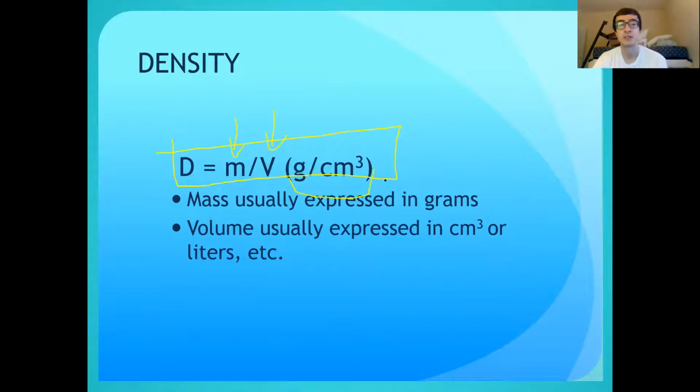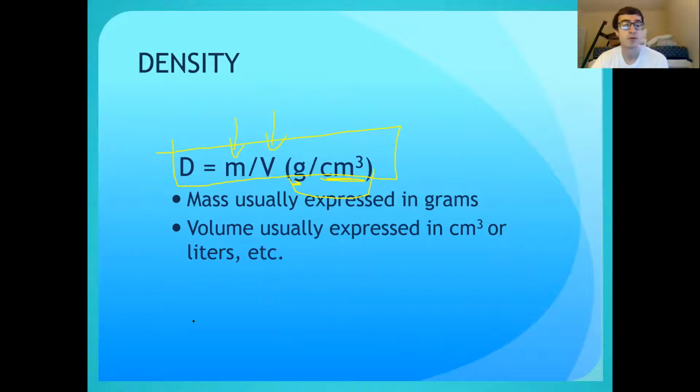The measurement for it could be in terms of grams per centimeter cubed, because that's weight versus a volume. It could also be grams per milliliter or grams per liter.